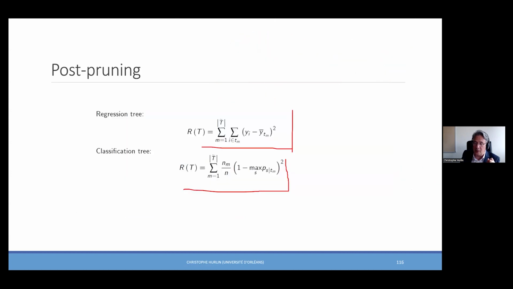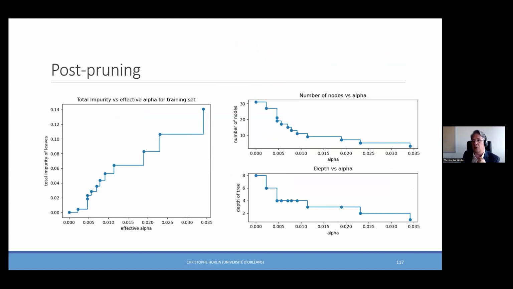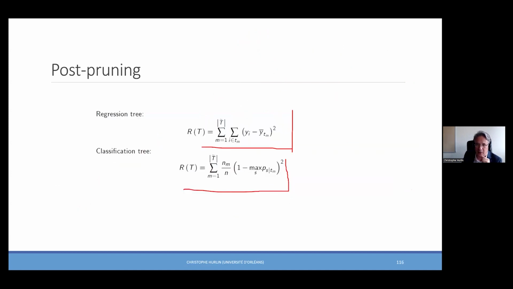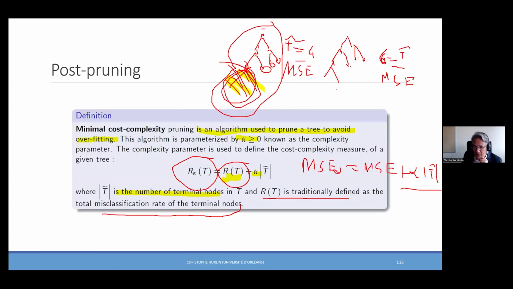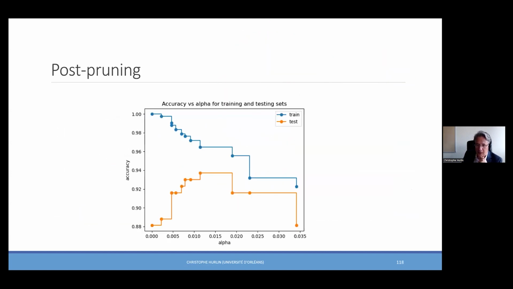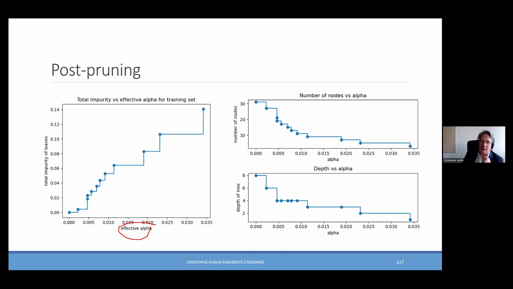So let me ask you if you have understood. So this is alpha, the cost complexity parameter, so this CCP alpha, this is this alpha parameter. Let me consider this graph first.